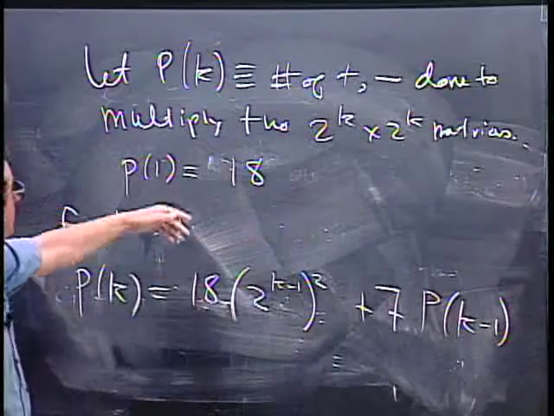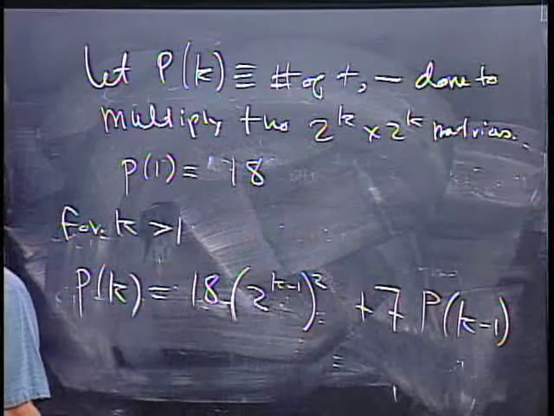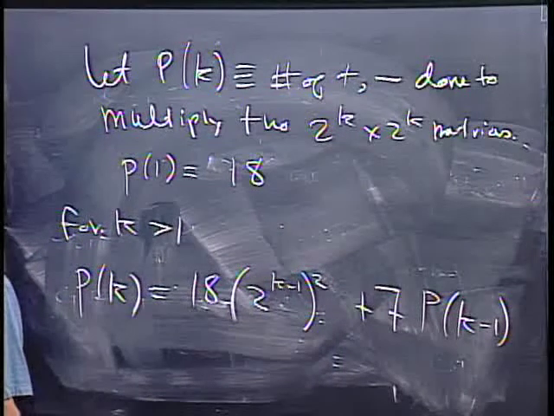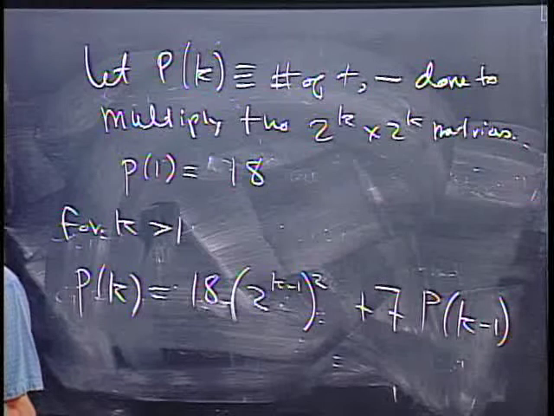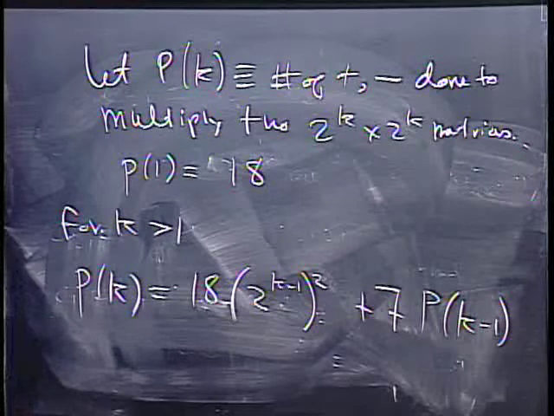Well, we know that Strassen's method for multiplying 2 by 2 matrices uses 7 multiplications and 18 additions.